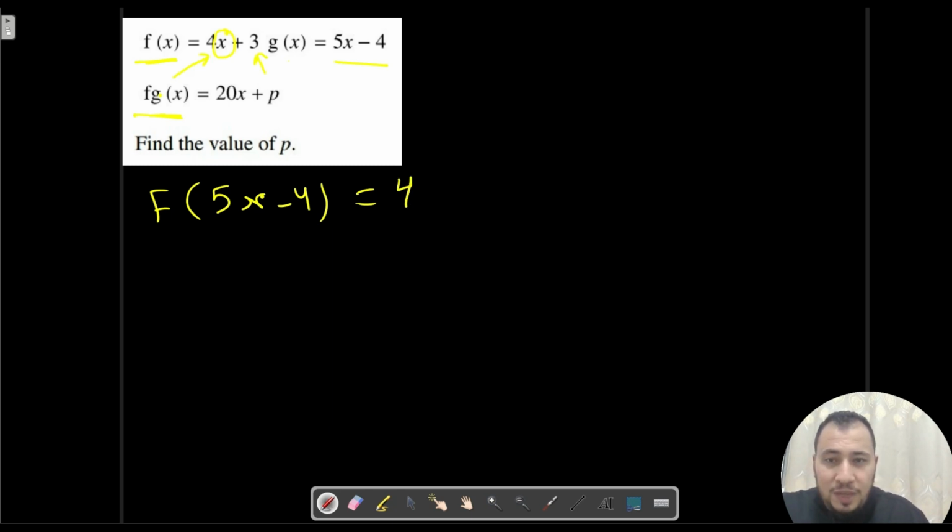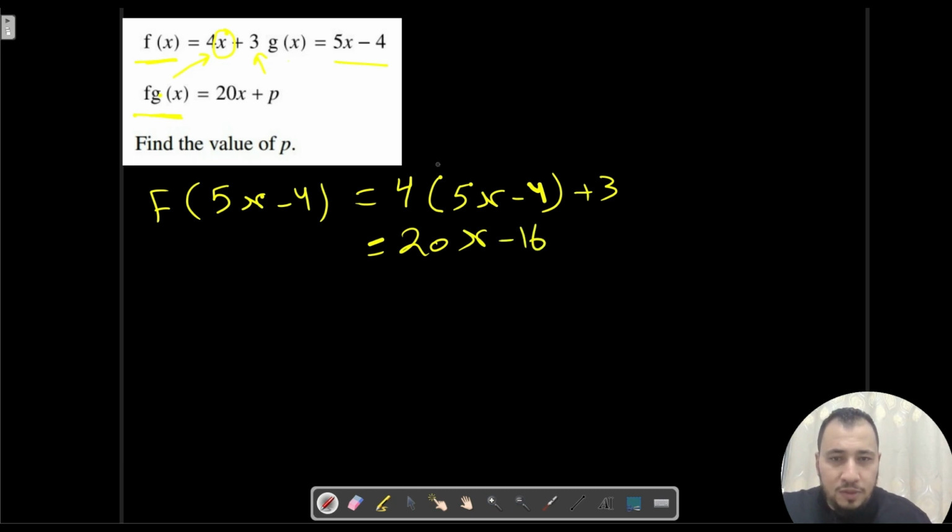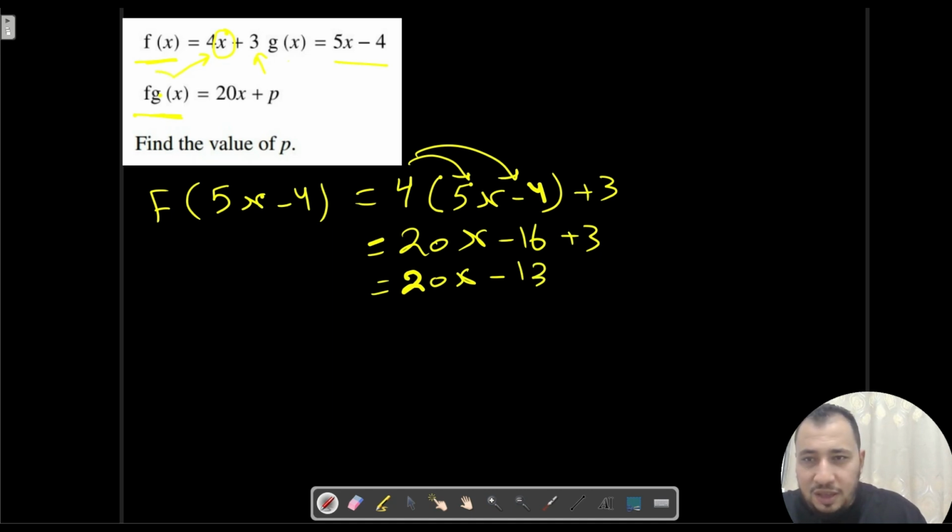This is the 4 at the beginning, and here we have 5x minus 4 plus 3. Okay, let's expand. So 20x minus 16, we distribute here and there, plus 3. So here 20x minus 13, this is the left hand side.